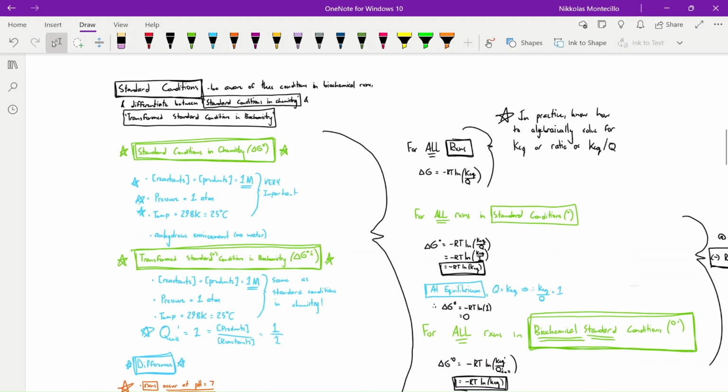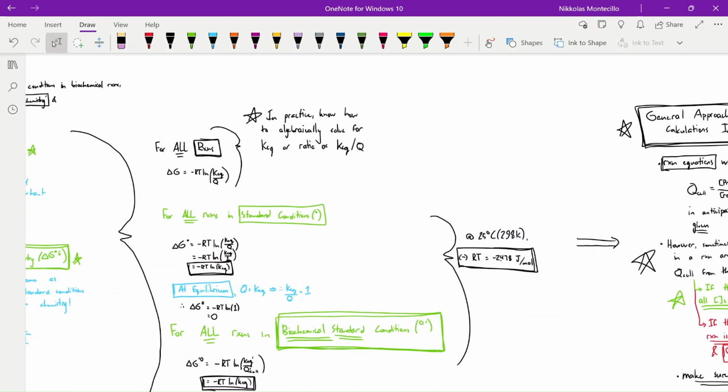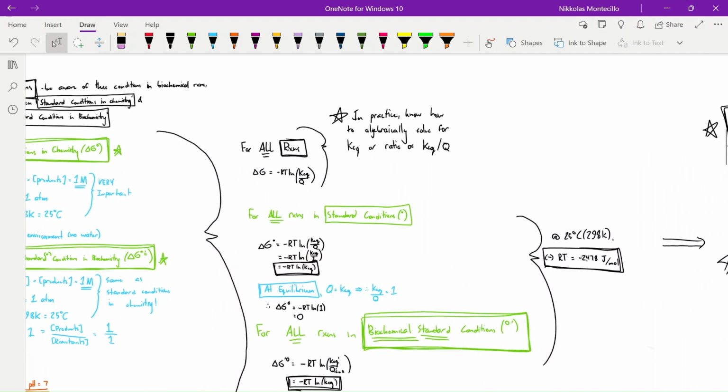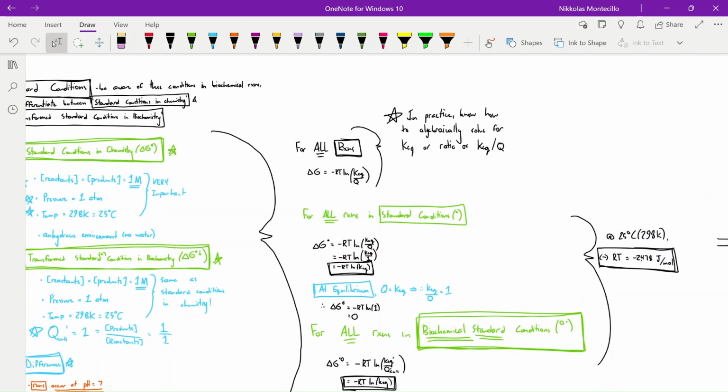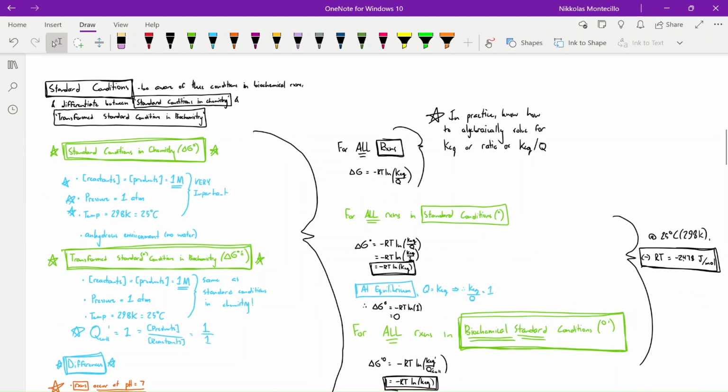So here we want to practice how to algebraically solve for KEQ, the ratio of the equilibrium constant over the quotient. Delta G equals negative RT ln KEQ over Q for all chemical reactions for Gibbs free energy.